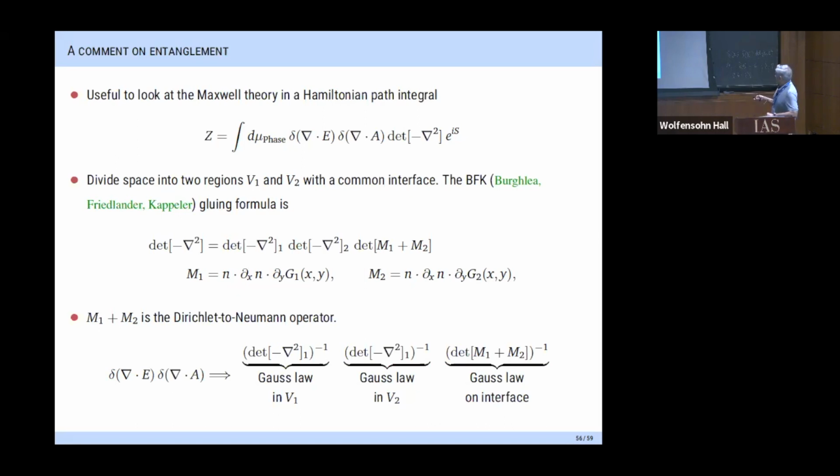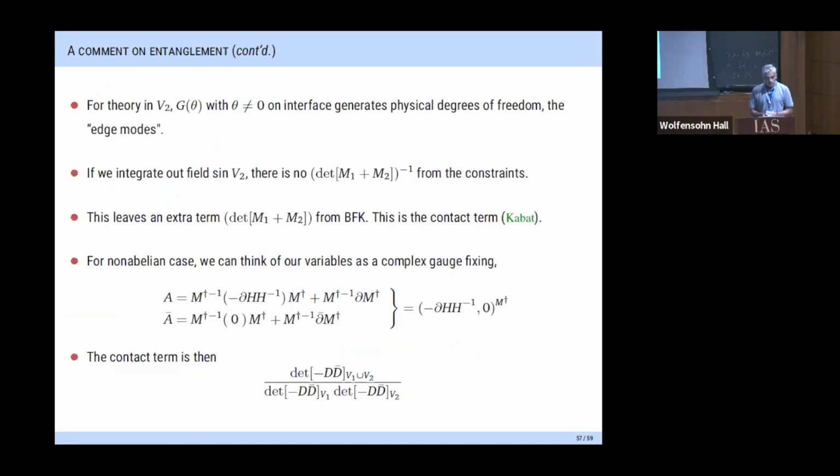So anyway, the point is that this term here is crucial because it's cancelled by enforcing Gauss' law on the interface. But on the other hand, if you're going to simply integrate over fields in region V2, from the point of view of a theory defined in V1, modes on the edge that you have generated by Gauss' law are physical states.